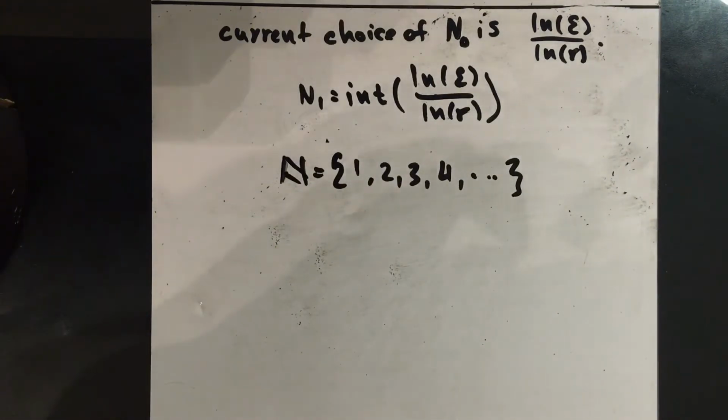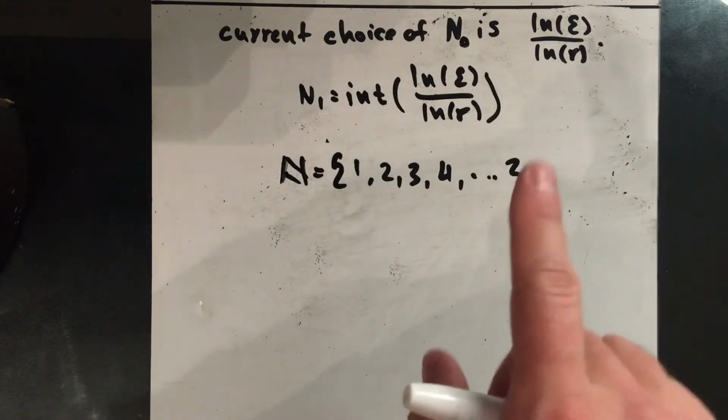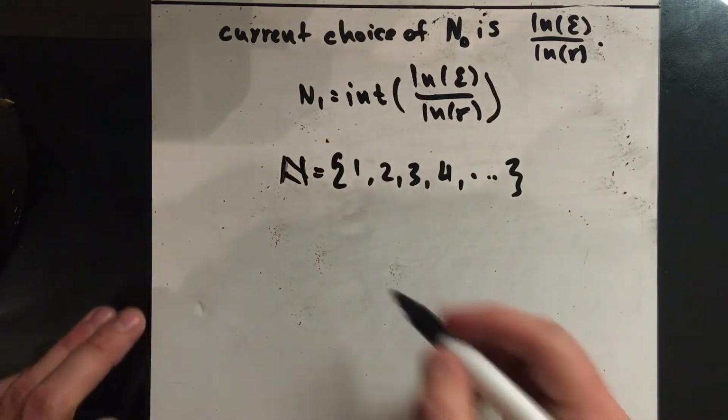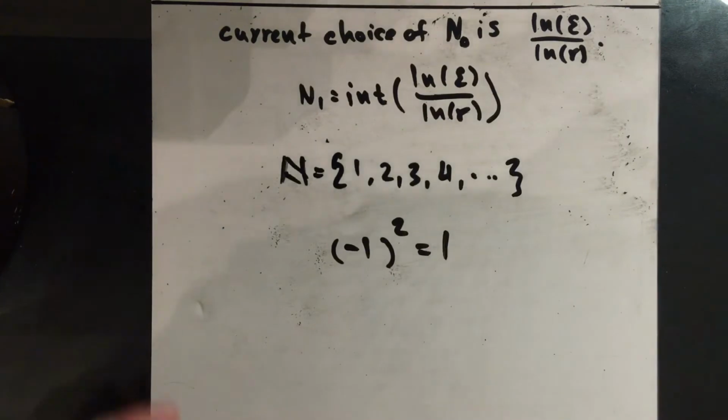Looking at our new choice of n, suppose that we do get a negative value after evaluating the greatest integer function. Remember, if we raise a negative value to the second power, the result is positive. For example, if we take -1, raise it to the second power, we obtain 1.